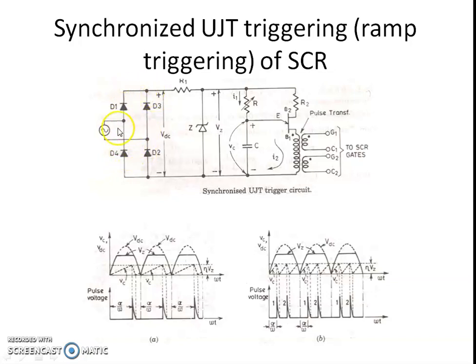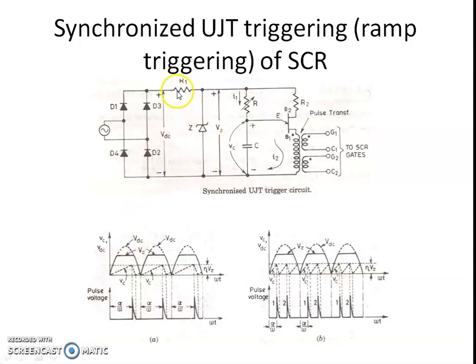The output of the diode bridge rectifier is an uncontrolled variable DC voltage VDC. We can generate a constant voltage from this variable DC voltage with the help of a Zener regulator.